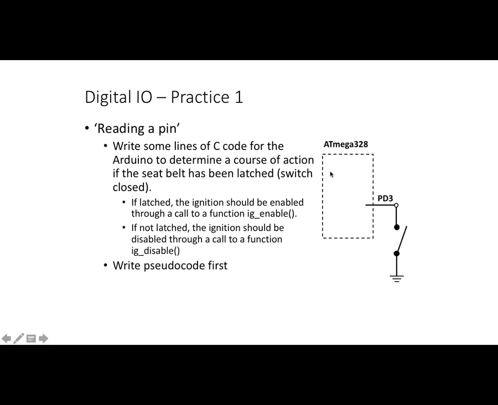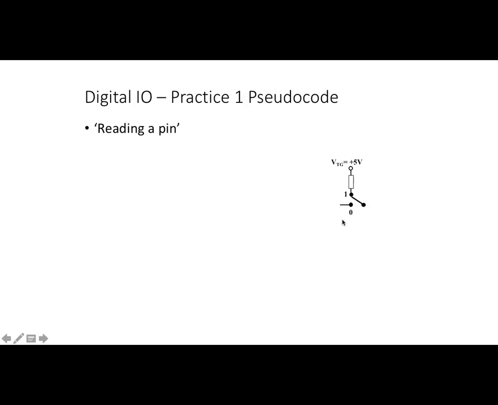And we may recall the idea of having pull-up resistors in order to be able to get a voltage for when you close this switch. When you close the switch, this voltage here on PD3 is going to look as though it's 5 volts. When you open the switch, it'll look like 5 volts. When you close the switch, it'll look like ground.